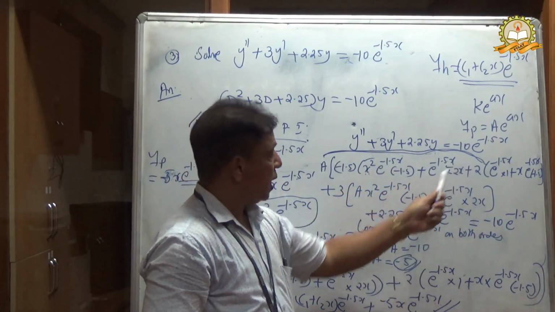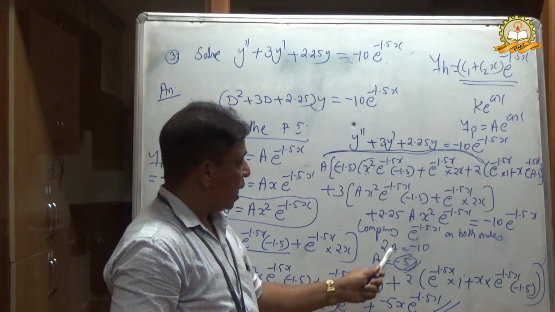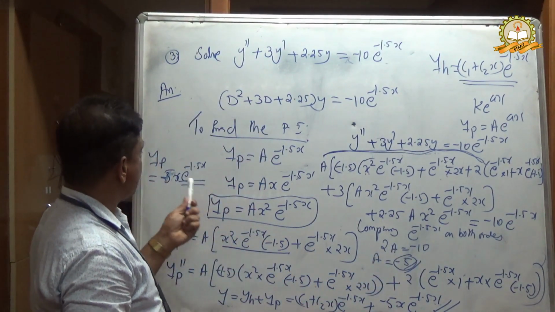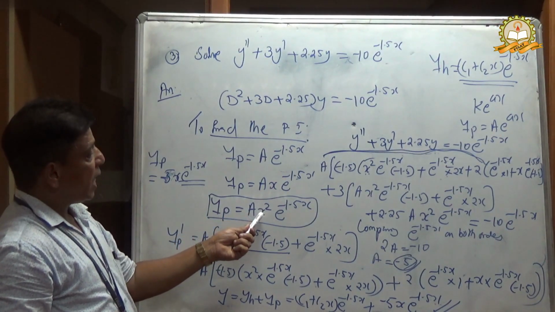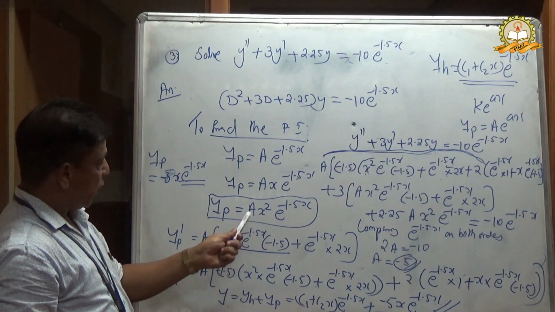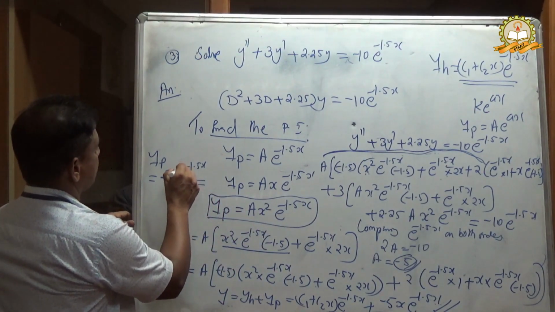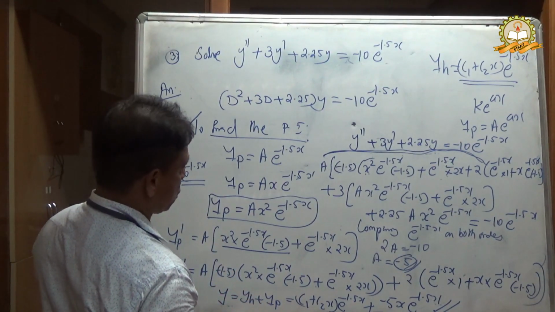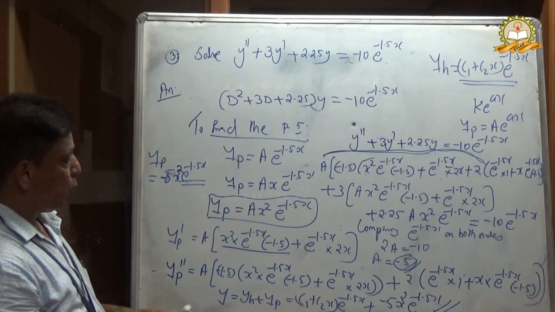There is only 2a, and the right hand side is -10. 2a is equal to -10, therefore a is equal to -5, and our required result is yp equal to -5 x² e^(-1.5x).